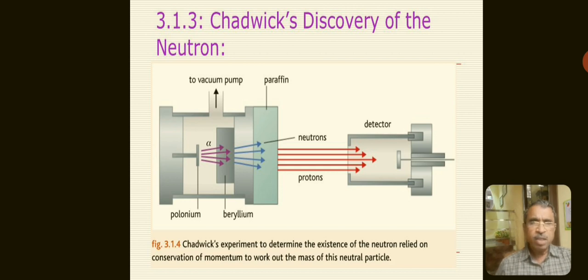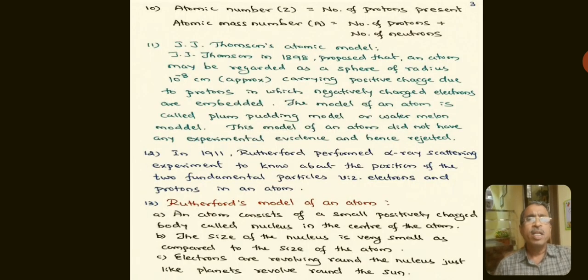Now, after knowing the discovery of the neutron, proton and electron, later on they proposed the atomic number and mass number. The number of the unit positive charges present in the nucleus of an atom is known as atomic number of the element.